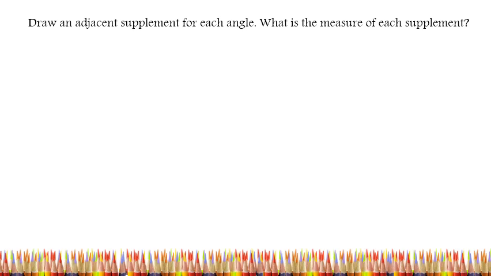If I am asked to draw an adjacent supplementary angle, for example here 50 degrees, I know that their sum is 180, so simply, if you look at the pointer, I can add it here, since an angle formed by a straight line is 180 degrees, or I can draw it from the other side. Okay, what's important is to have 180 degrees. The two options are correct. You can draw them from both sides.